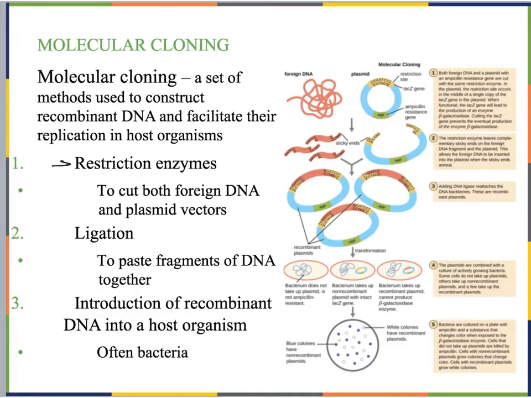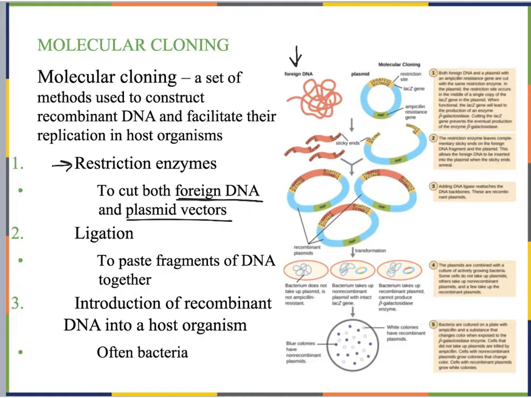So here first we utilize our restriction enzymes, and again we're going to go over this in detail. Restriction enzymes are enzymes that go in and cut DNA at very specific sequences. So we can use the restriction enzyme to cut both the foreign DNA and the plasmid vectors, and that's actually what we see in the image on the right here.